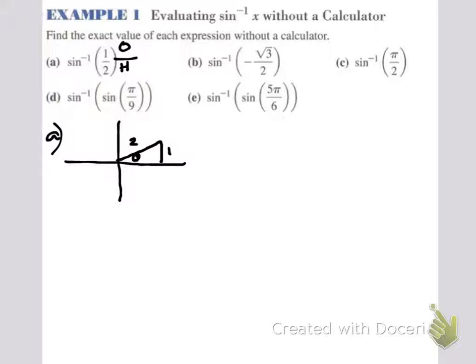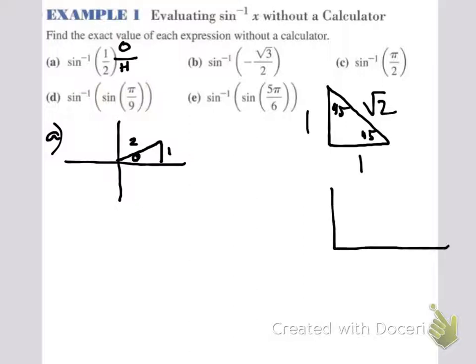I'm thinking specifically of our 45-45-90 triangle, 1, 1, radical 2, and our 30-60-90 triangles.